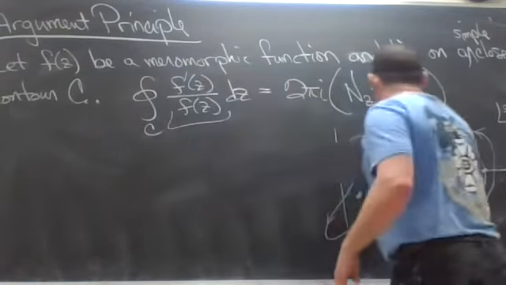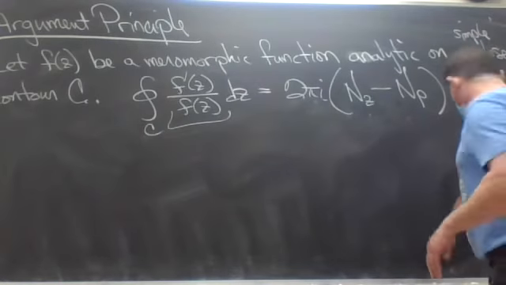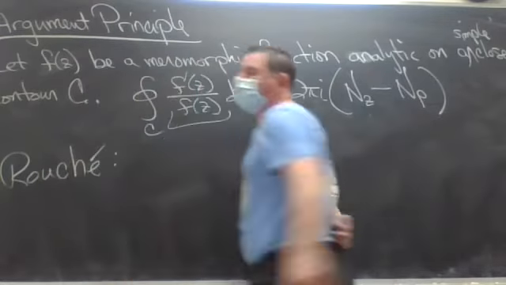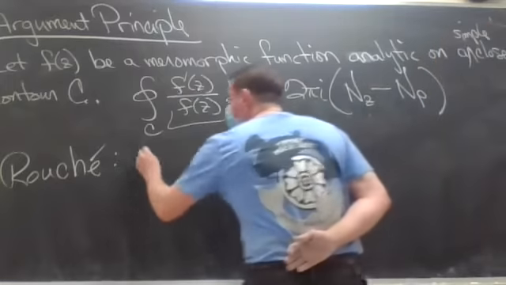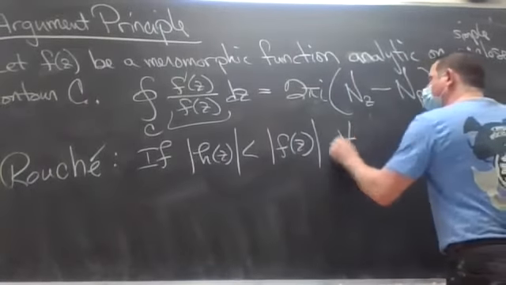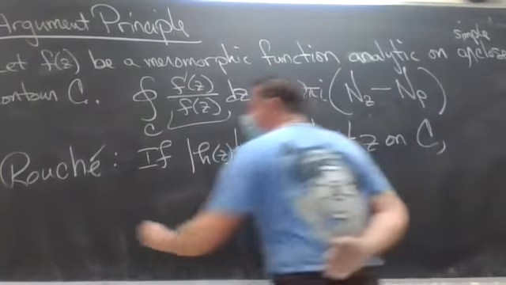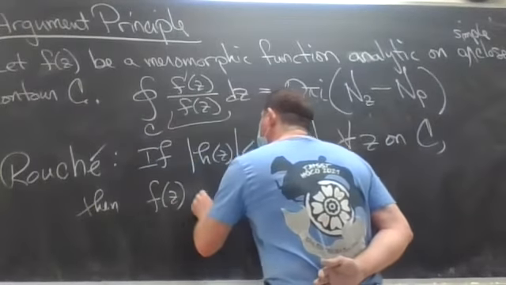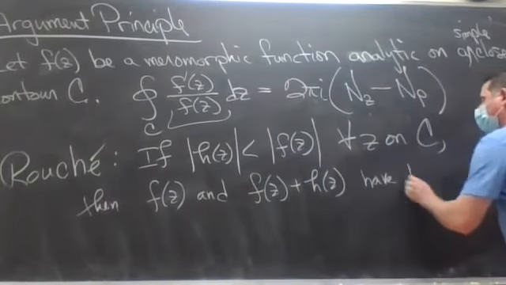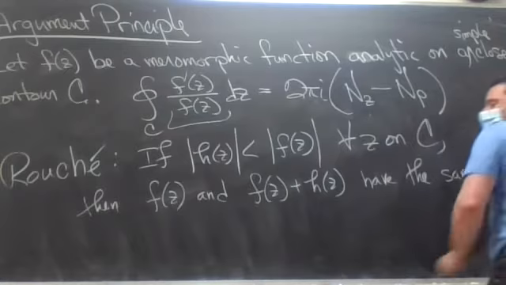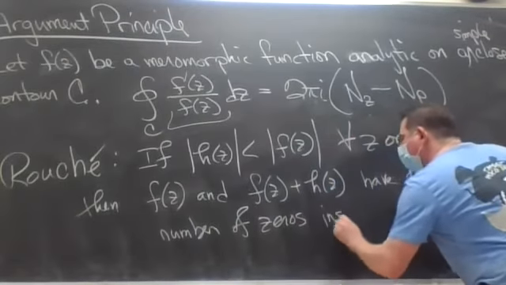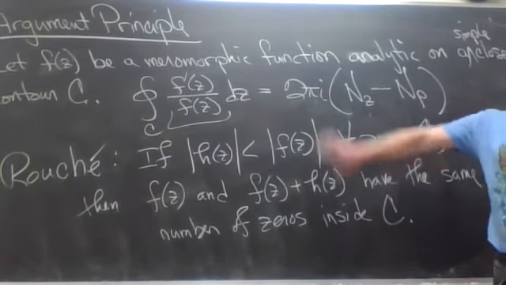So what it says is, if... Rouché was not interested in poles.